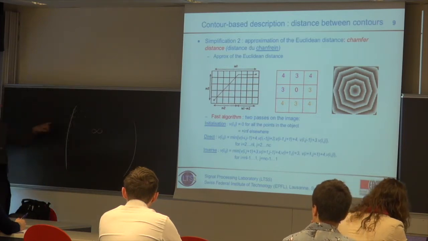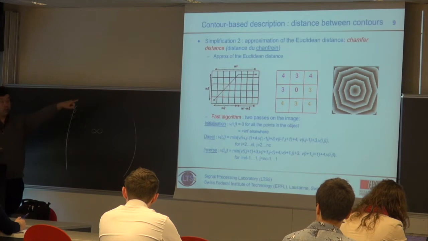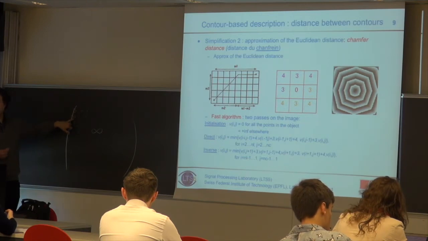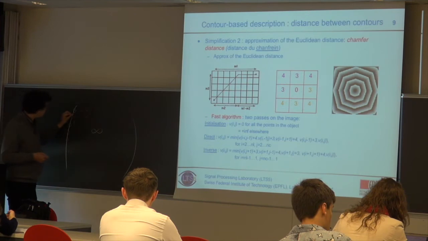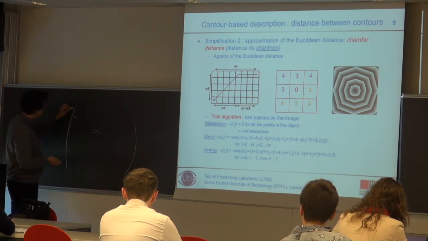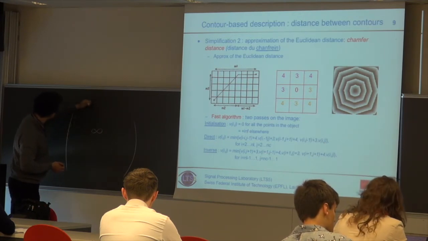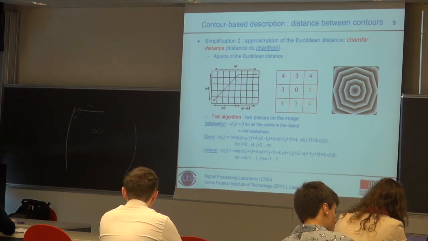Obviously, this one is at a distance 3. We say 3, not 1. 3 from this one, and 3 from this one. So obviously, 3. And I will actually change my contour a little bit, and I will make it like that, like a corner.